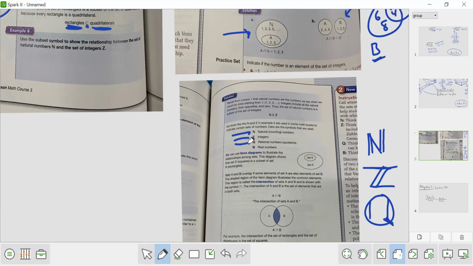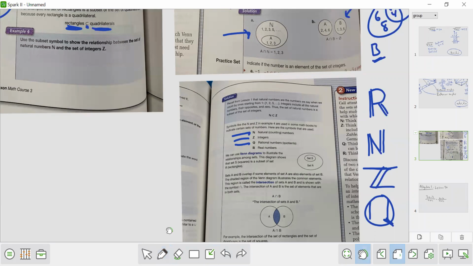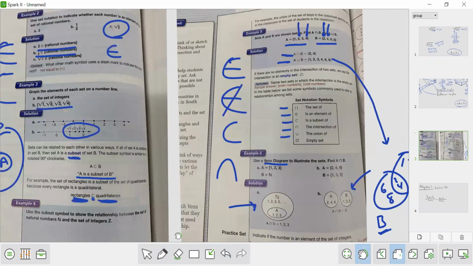And then this R with these double lines means real numbers. Not sure why they feel like they have to do that. But the important part is these symbols right here, okay? Keep an eye on this for these symbols. The only one I didn't show you was this one, which means there's nothing in that set.